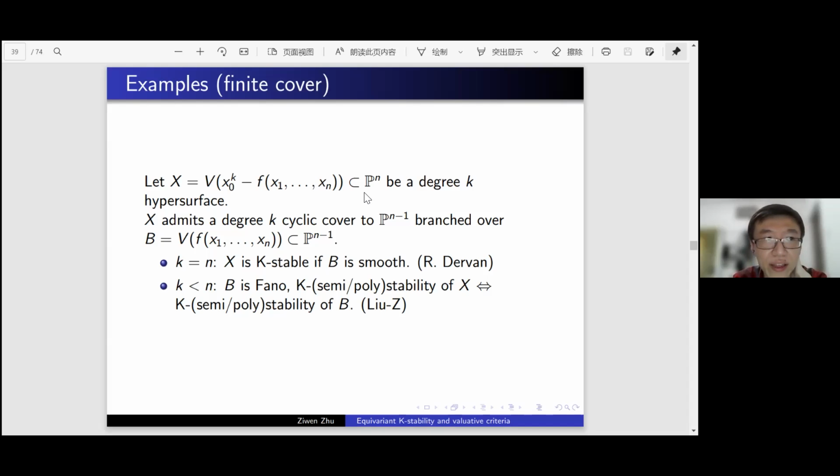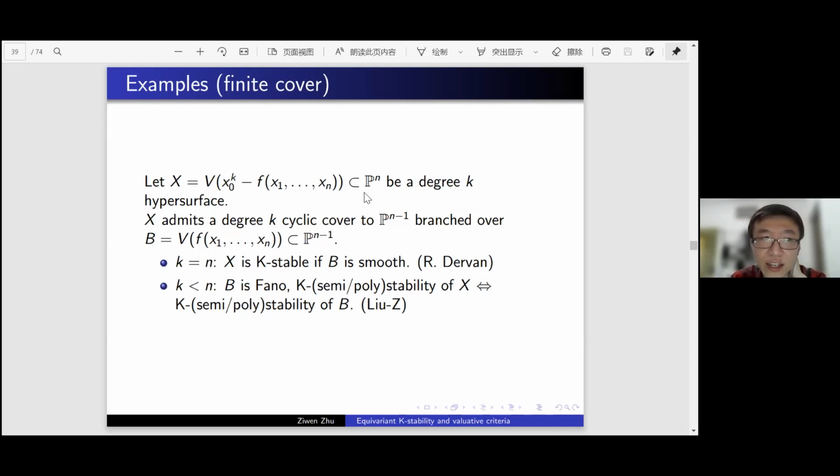In general, we only have one direction, proved quite a long time ago, where K-stability implies GIT stability. This is the only direction we know.